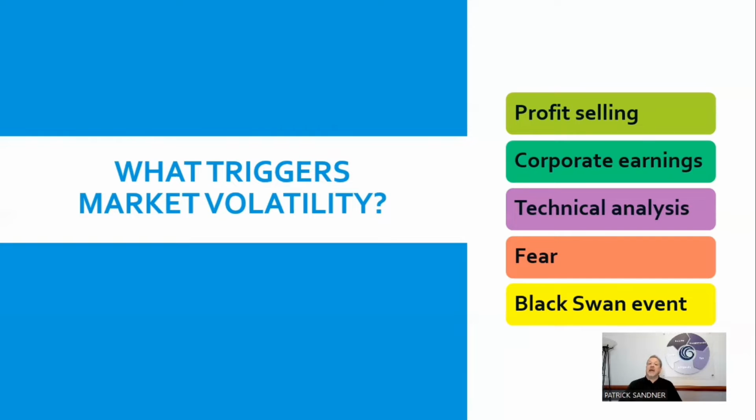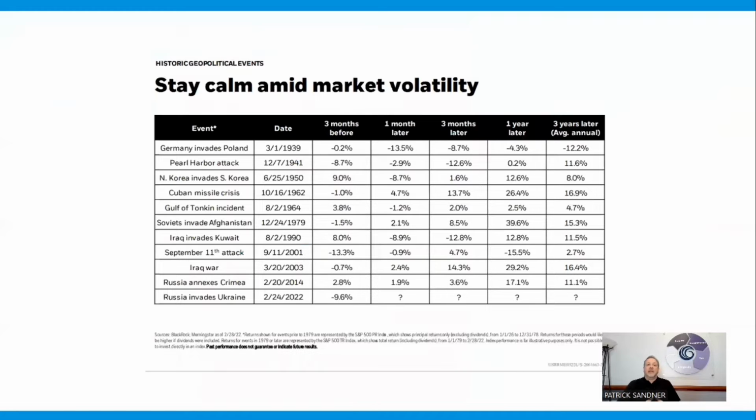The black swan is the last of the 5 events. Black swans are situations and times where things of a major impact will happen. Let me give you an example. Back in 1939, you had Germany invading Poland. We had Pearl Harbor. We had the 9/11 attack. We have right now Russia and Ukraine going on.